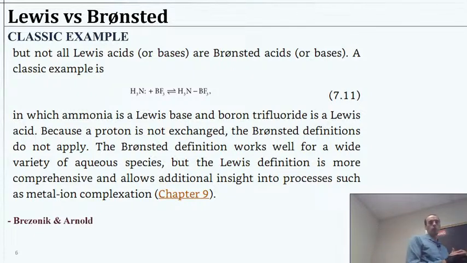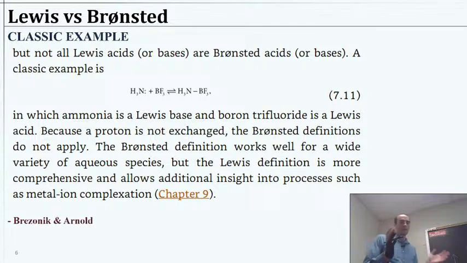Here, the ammonia is a Lewis base and boron trifluoride is a Lewis acid, but there are no protons being exchanged, right? If you look at that reaction, there are no protons directly going anywhere. It's actually electrons that are moving, but the ammonia is acting essentially as a base. So the Bronsted definition doesn't apply.